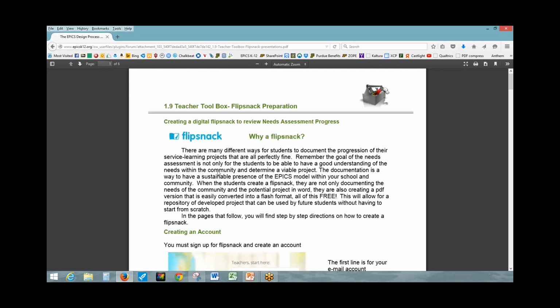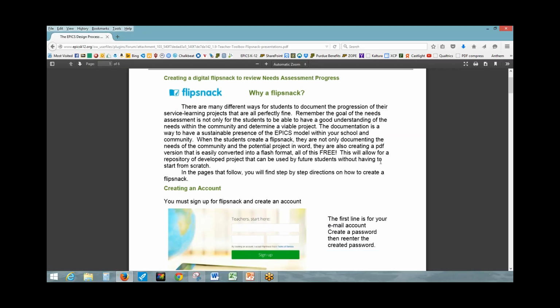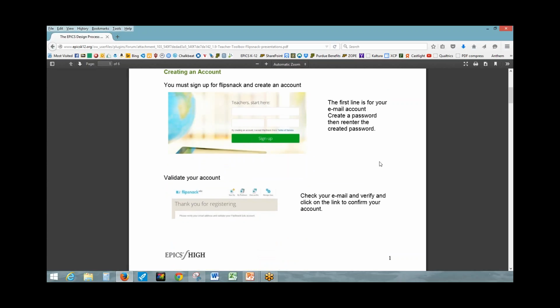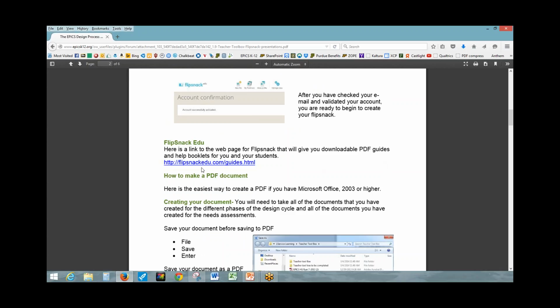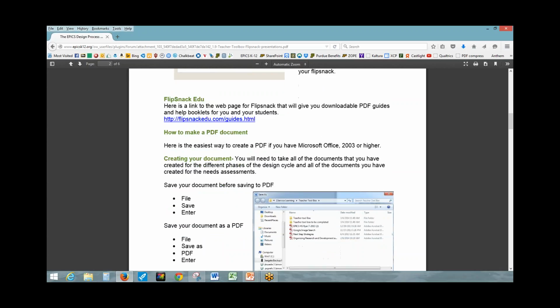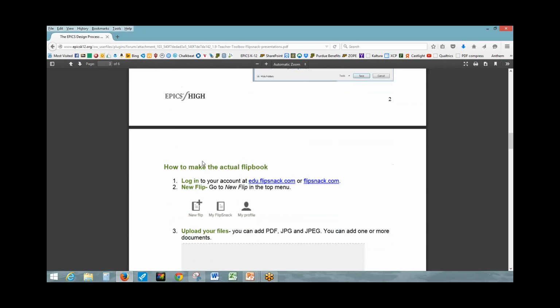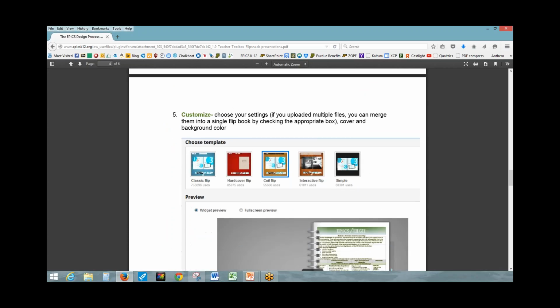When I've done this for my kids when I was teaching, and also when working with teachers, with any program that I did, I would write it down as I created the document. They can sign into FlipSnack, create an account at flipsnackedu.com, and there are some guides on how you upload your documents, how you save them, how to make your FlipSnack, and how to customize it.